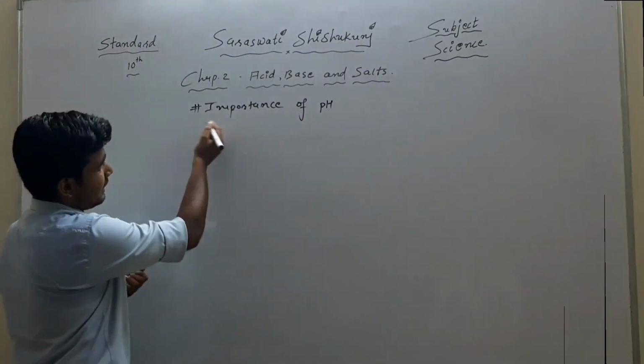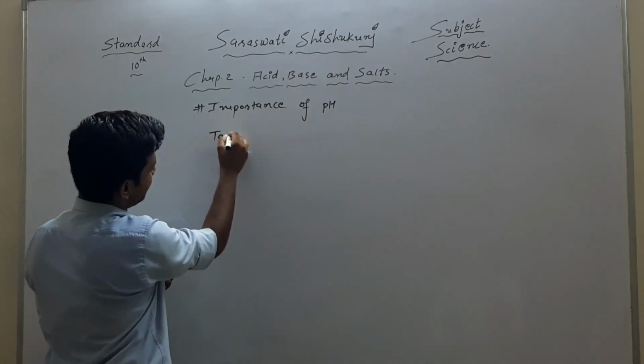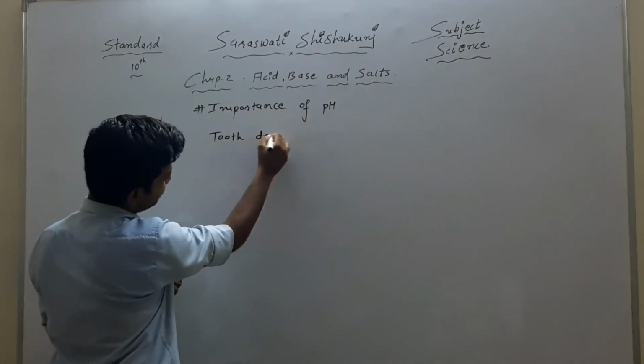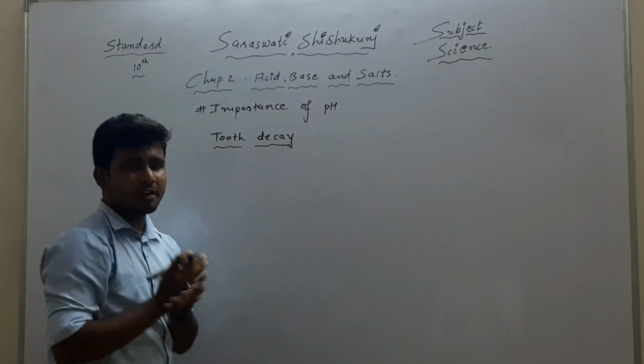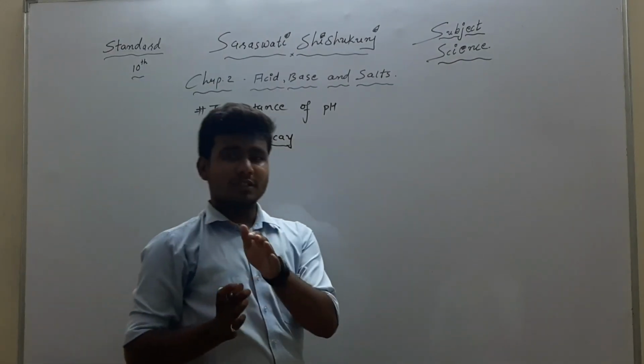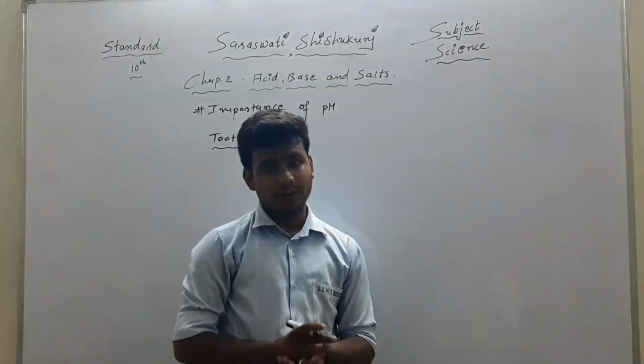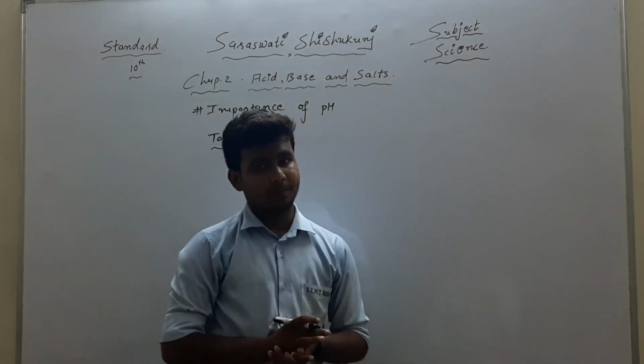Now let's discuss the importance of pH in tooth decay. Generally, if the pH of the mouth falls below 5.5, this type of problem occurs.